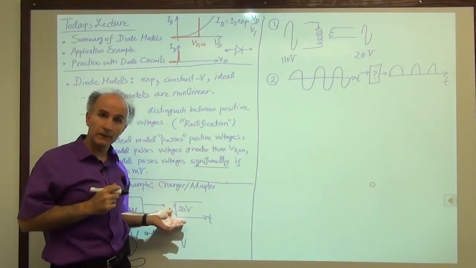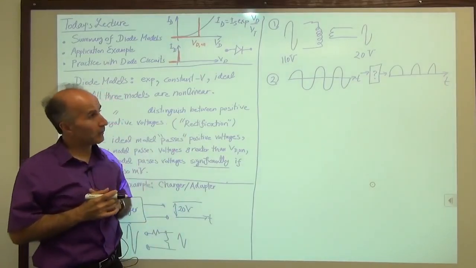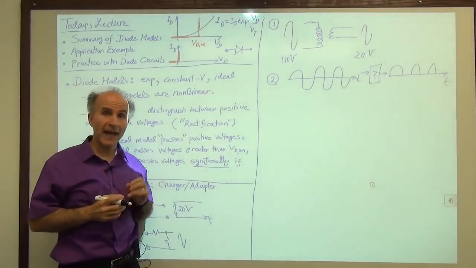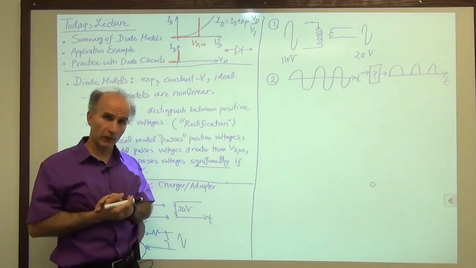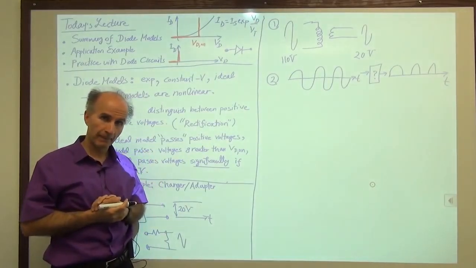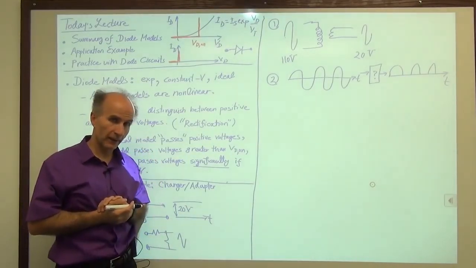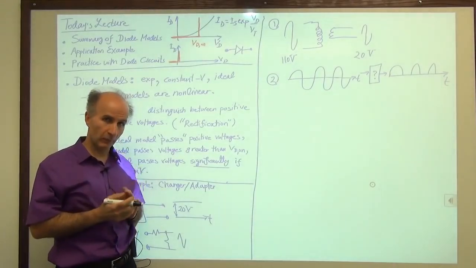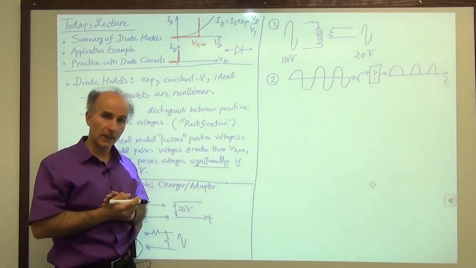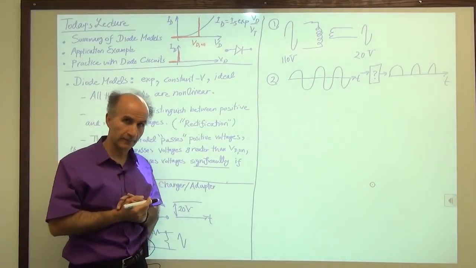Well, somewhat. If you look at that waveform, what can we say about the average value of that waveform? The average value is computed by integrating the waveform, meaning finding the area under the waveform in one period, and then dividing it by the period.